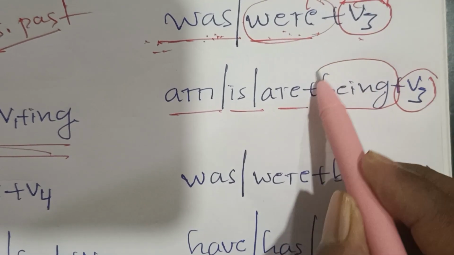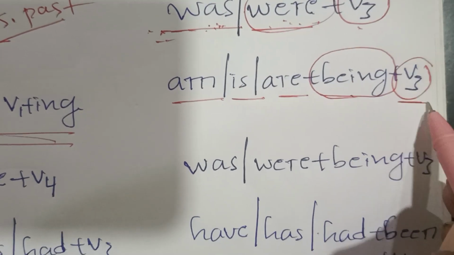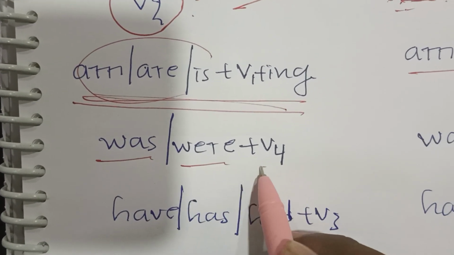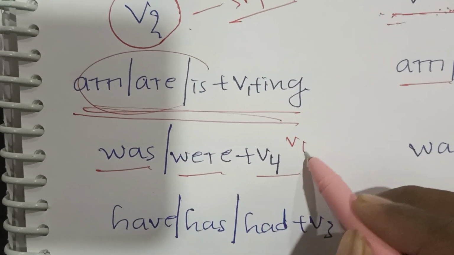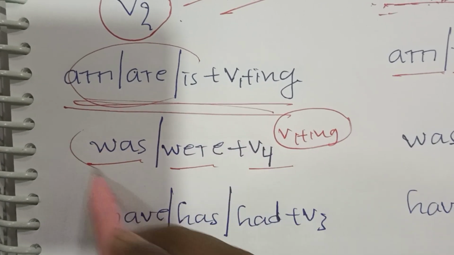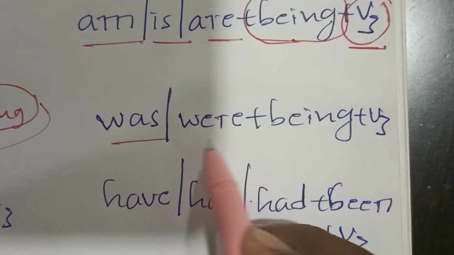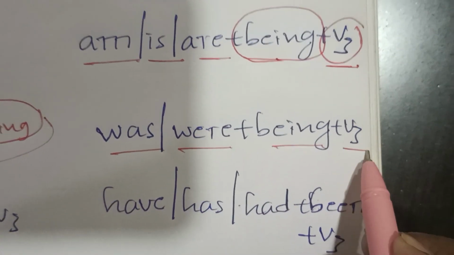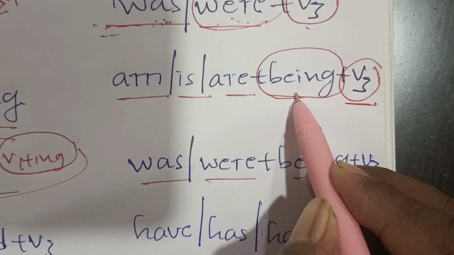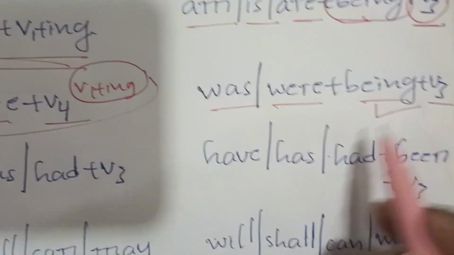Additionally, we'll use being. Okay, being plus verb 3. Next, past continuous tense: was, were plus verb 4, verb 4 in the sense of verb 1 plus ing. So in passive voice, we use was, were, being, verb 3, same as present continuous passive voice.